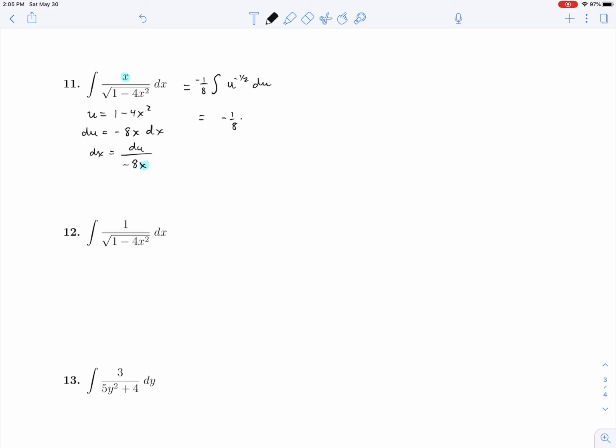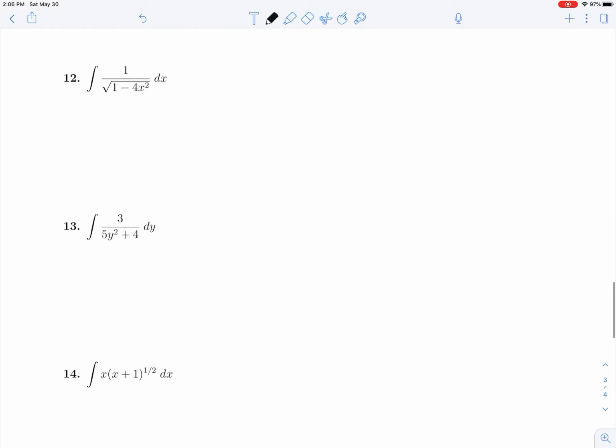So if we add 1 to -1/2, we get +1/2. And if we divide by +1/2, we're multiplying by 2. And then u to the +1/2 plus c. So we get -1/4 square root of 1 minus 4x squared plus c. There's our final answer.